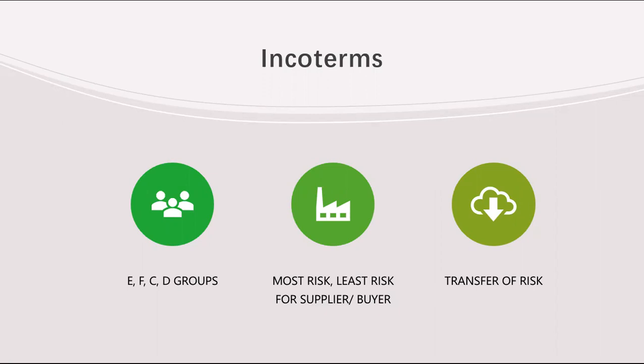EXW is very favorable for the supplier because the buyer must come to the place of the supplier and take the goods. While in DDP, the supplier does everything before delivering to the buyer.